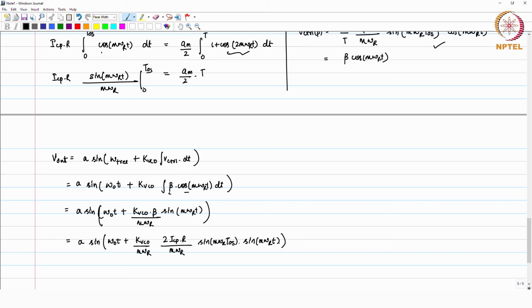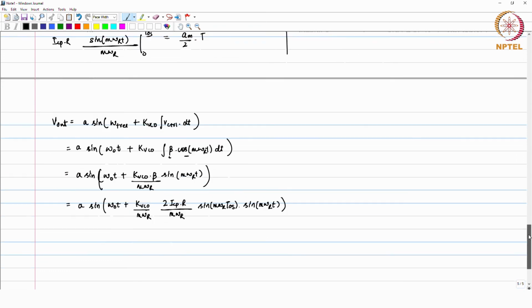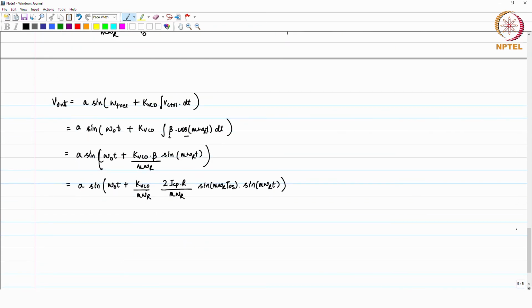This is the absolute expression, but we are going to do a simplification here, where V out of t is a sine of omega naught t times cosine of k VCO beta by m omega r times sine of m omega r t.